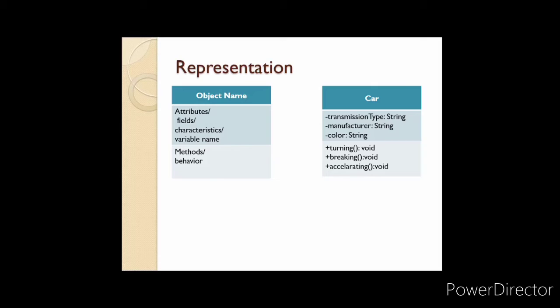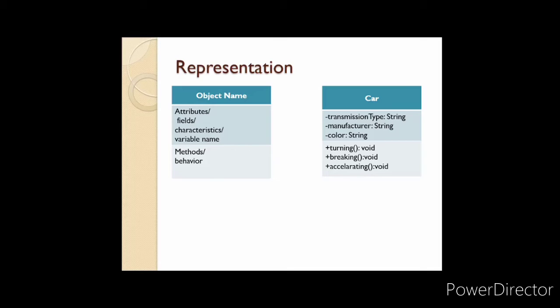Notice also that there is a negative or dash sign before our instance variable. This is for us to indicate the type of access modifier that will be used in our program. The third compartment consists of the turning, the braking, accelerating.